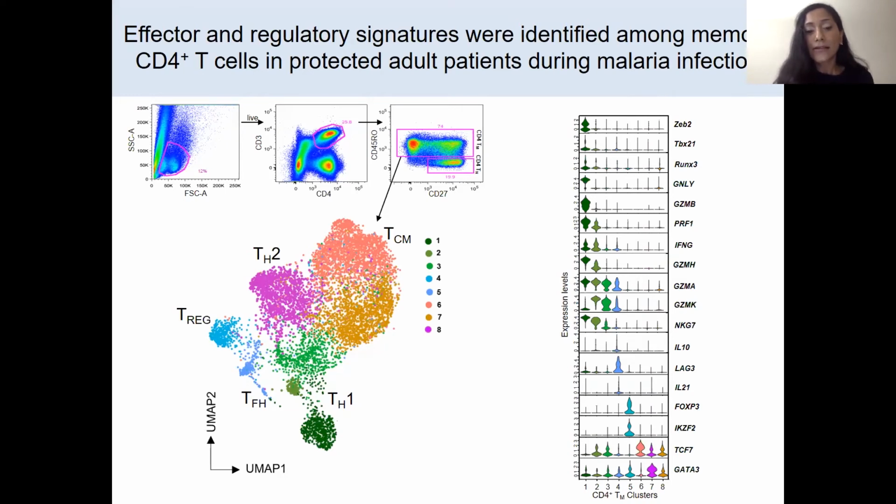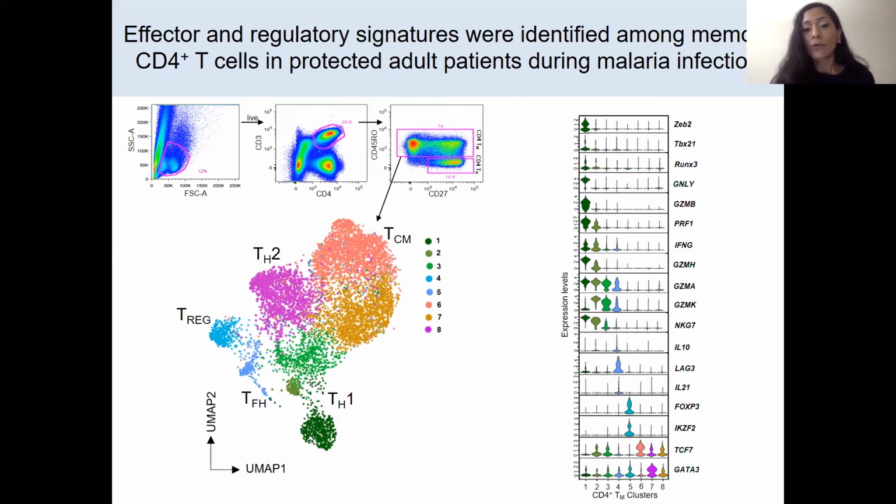And these are the subsets that are highlighted in green, of which you can see on the right violin plots, the dark green subset that's labeled as Th1 has a very high expression of molecules that encode cytolytic effector molecules, such as the Granzyme family of molecules and granulysin, as well as the transcription factor ZEB2 that basically can program those cells to have a very effector characteristic.